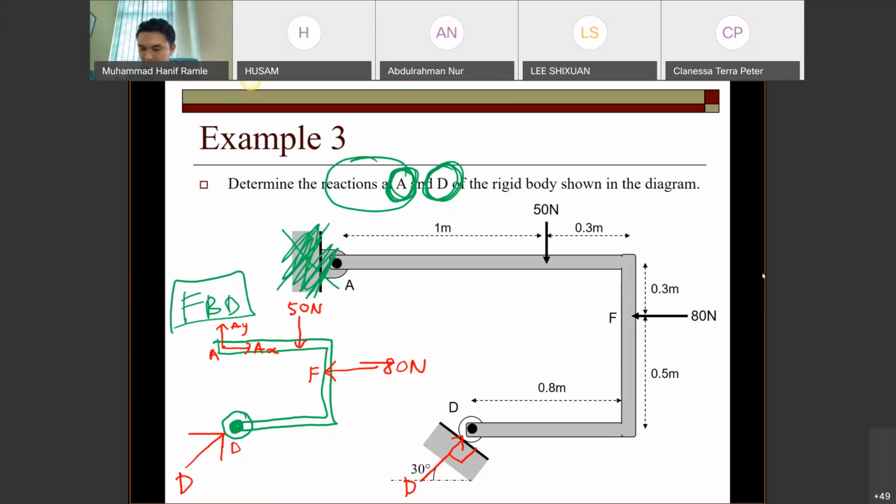Yes, of course, the dimension. Please do remember to put the dimension.